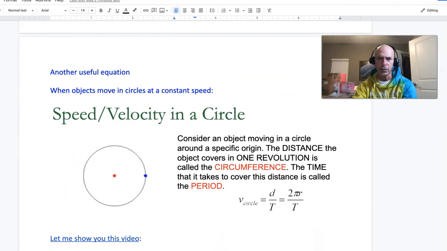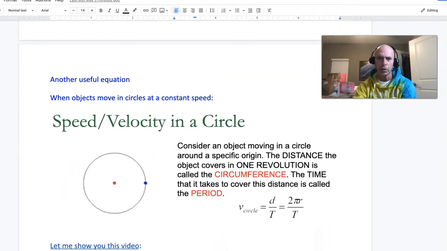There's also another useful equation that you might find helpful here. When we have an object in a circle, if that speed is constant, then we can take its circumference over the time that it takes.